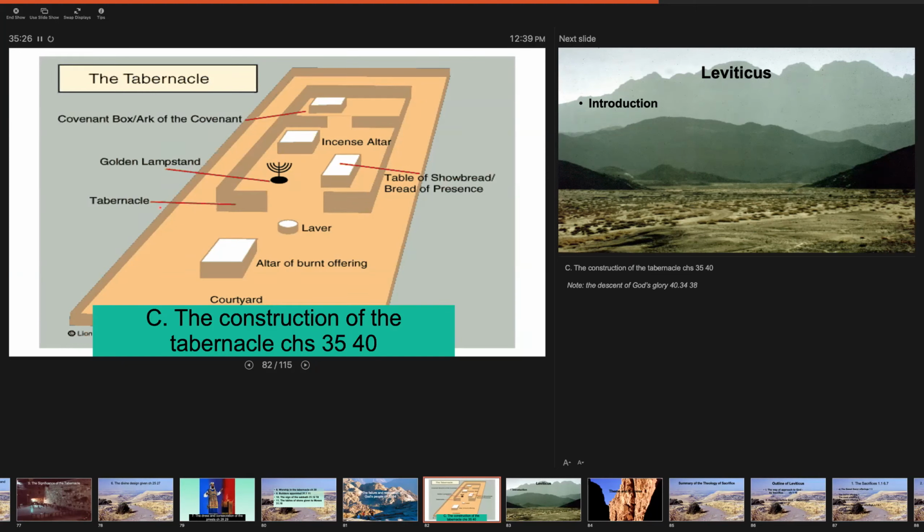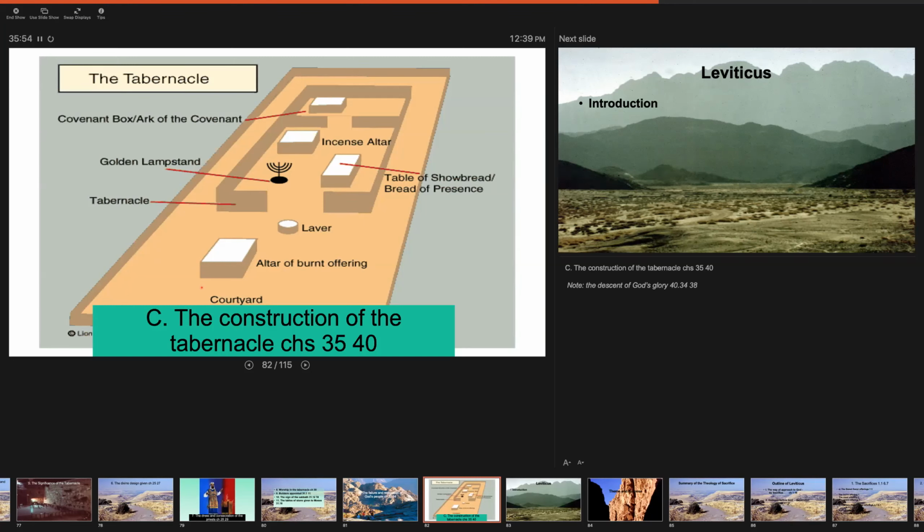The outside screen, kind of a fence, what we call the courtyard of the tabernacle, is entered way down here in the bottom, about where the construction is. There's a gateway or a pylon into the holy area, into the sacred space.